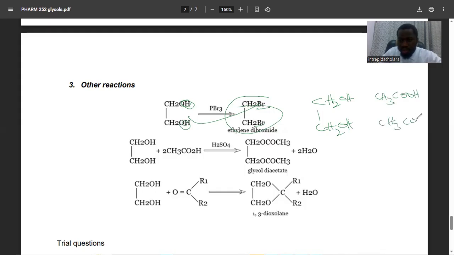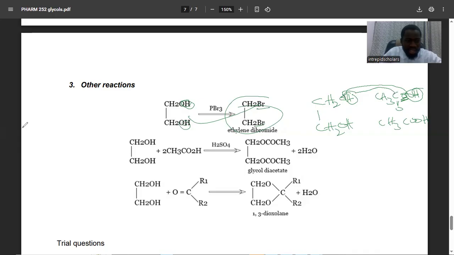CH3COOH, right? So what will happen is that OH will move away from here and H will move away from here, right? And there's a direct coordination between this. The actual bond is formed between this carbon, which has the double bond O, and this oxygen.